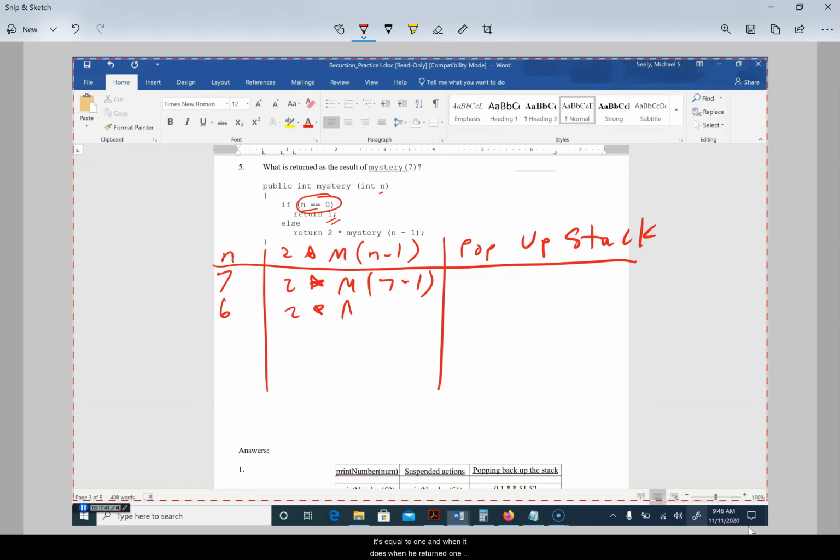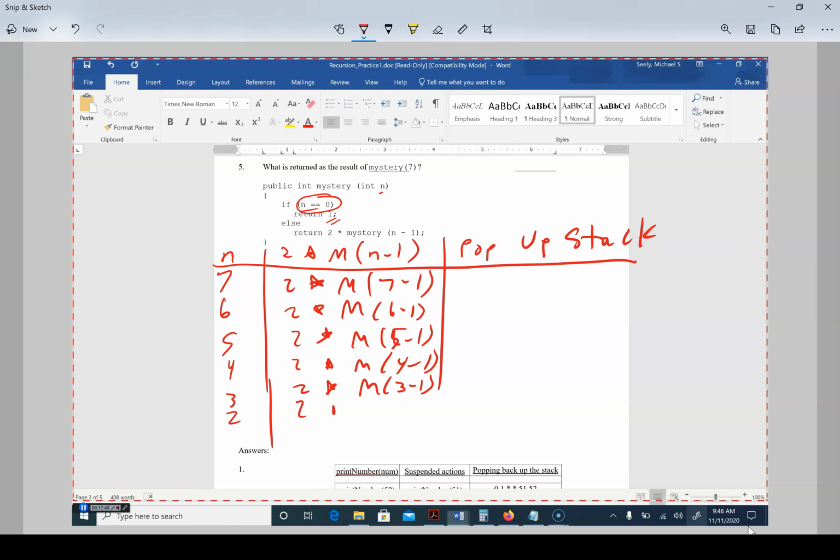So 2 times m, 6 minus 1, which is 5. 2 times m, 5 minus 1 is 4. 2 times m, 4 minus 1 is 3. 2 times m, 3 minus 1 is 2. 2 times m, 2 minus 1 is 1. 2 times m, 1 minus 1. And I'm running out of space. As you can see, this is now 0. 0 returns 1 right here.